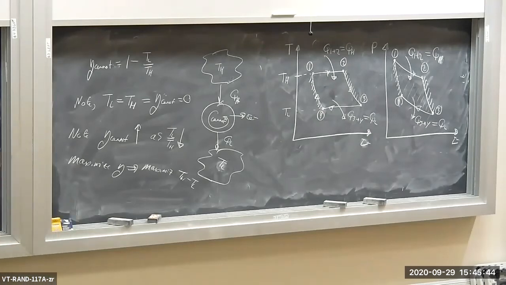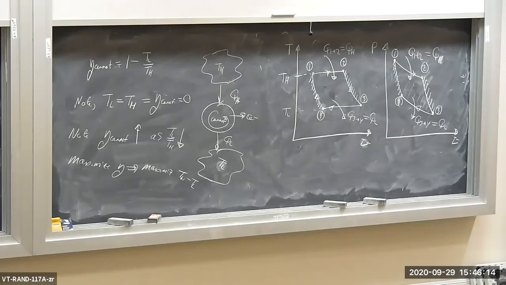Remember, state 1 is the minimum volume, maximum temperature. 1 to 2 is isothermal heat addition from the high temperature reservoir. That's 1 to 2, isothermal heat addition at TH. And then we have adiabatic, insulated, adiabatic expansion from 2 to 3.